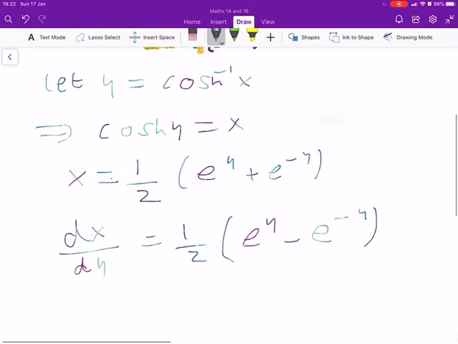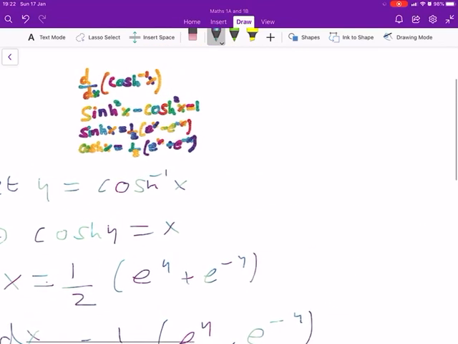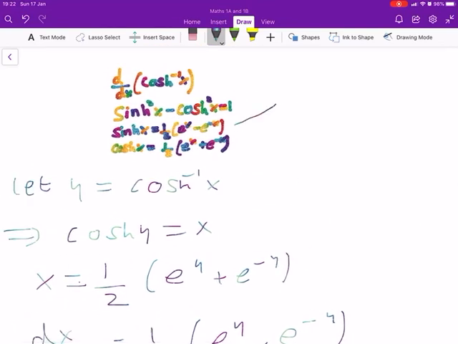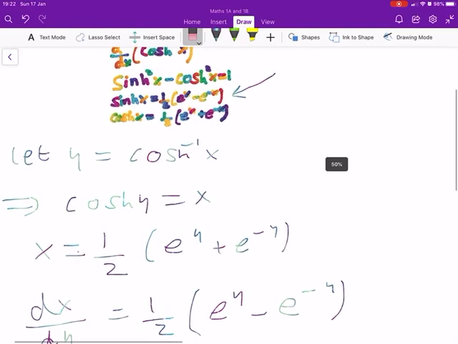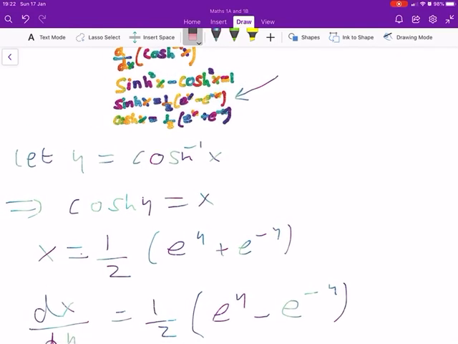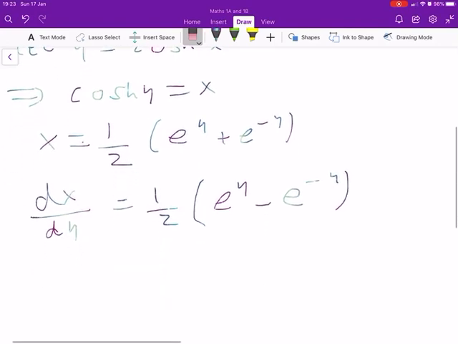Now what you'll notice is if we go back to this identity, sinh x is half e to the x minus e to the minus x. Because we've got that result when we differentiated, we now know that the derivative of cosh x is sinh x.